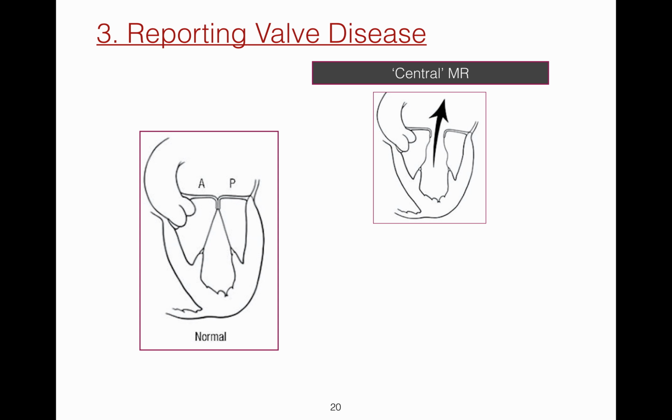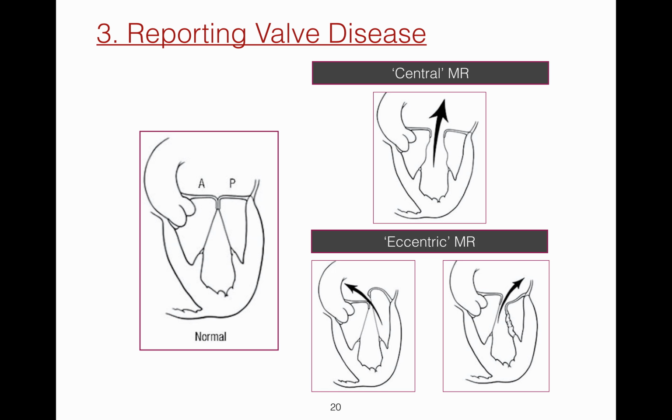The reason why this is helpful is that a central jet may appear slightly more than it truly is, that is, a central jet may be overestimated, while an eccentric jet may appear less than it is, that is, it can be underestimated. Mentioning whether it's central or eccentric in the report can help the cardiologist frame the regurgitation appropriately.